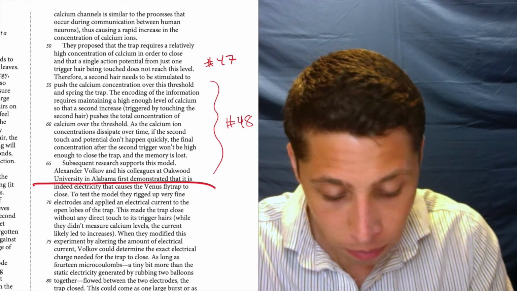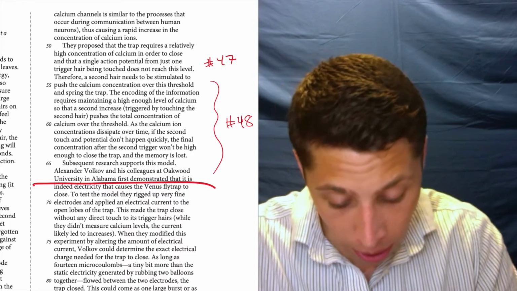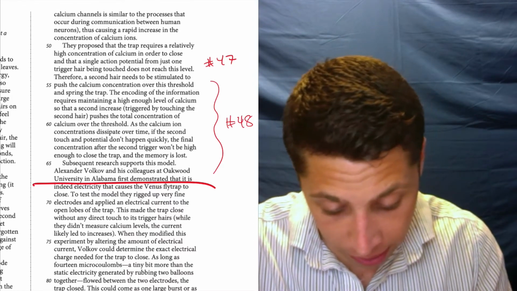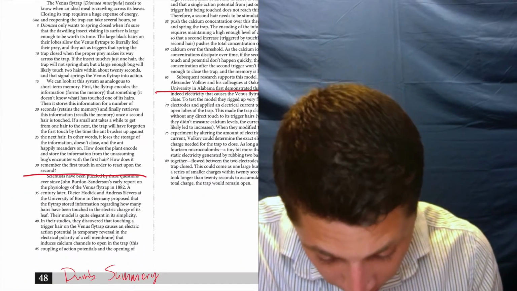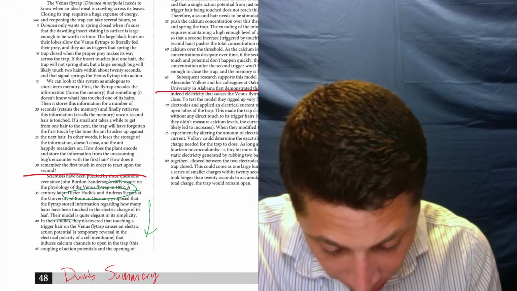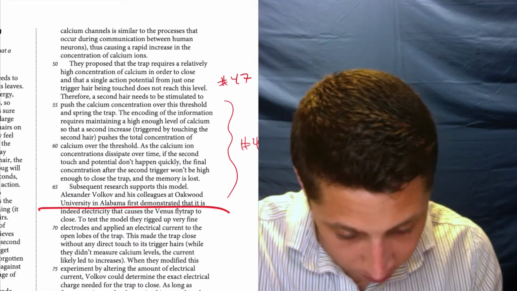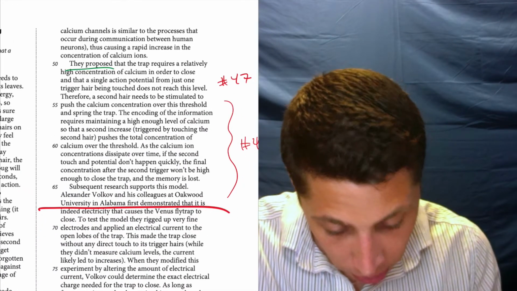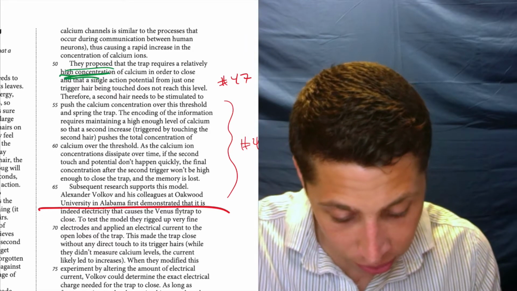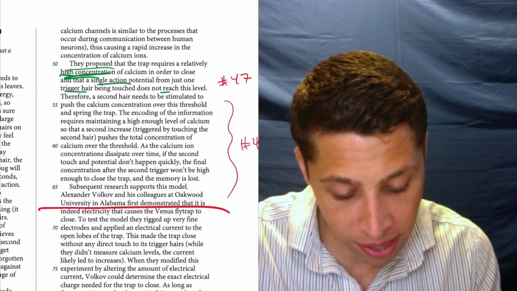So if we go to the lines here, what does it really say? We did a lot of this for question 47, but I'll quickly reiterate it. What are they talking about? This is Haddock and Seaver's model. We know that because they're over here somewhere. They predicted their model, blah, blah, blah. Okay, great. So they proposed that the trap requires a relatively high concentration of calcium in order to close, and that a single action from just one trigger hair does not reach this level.